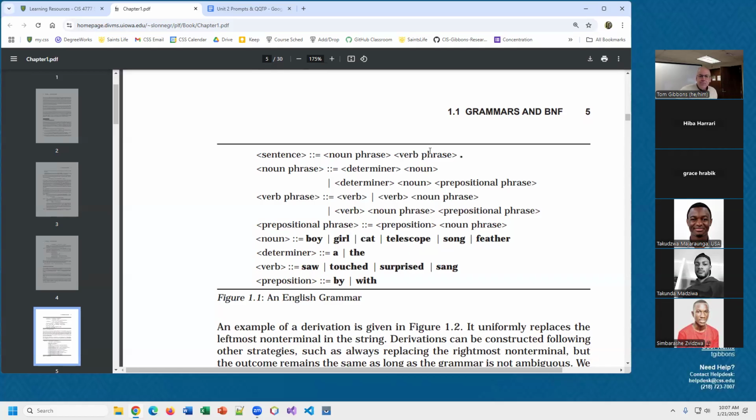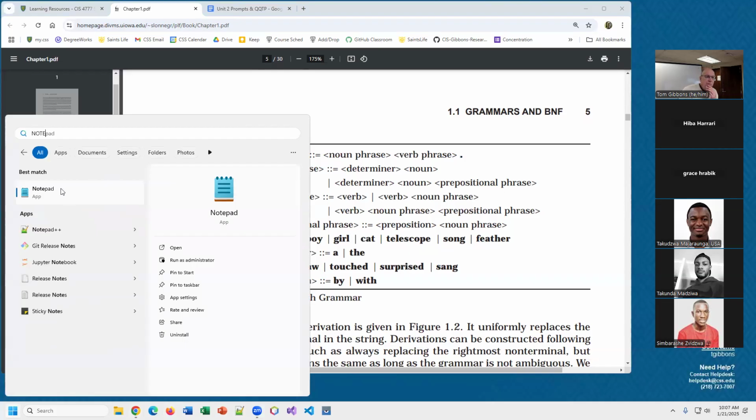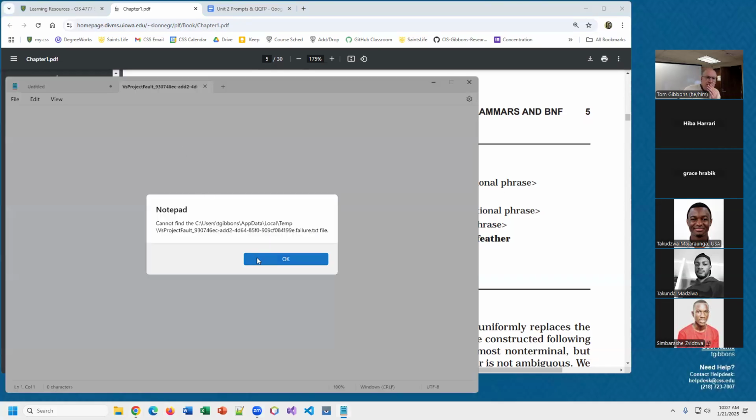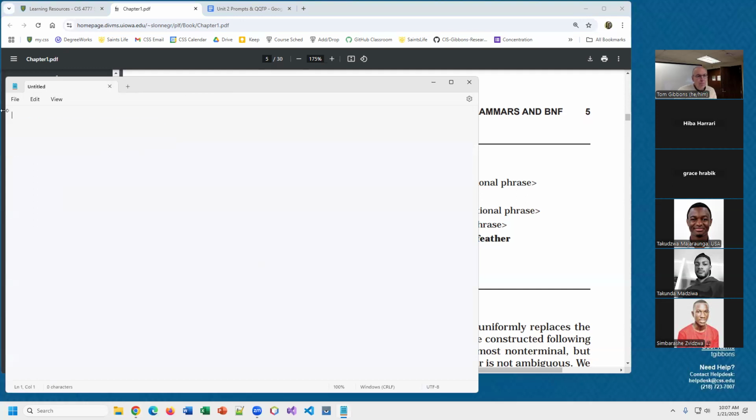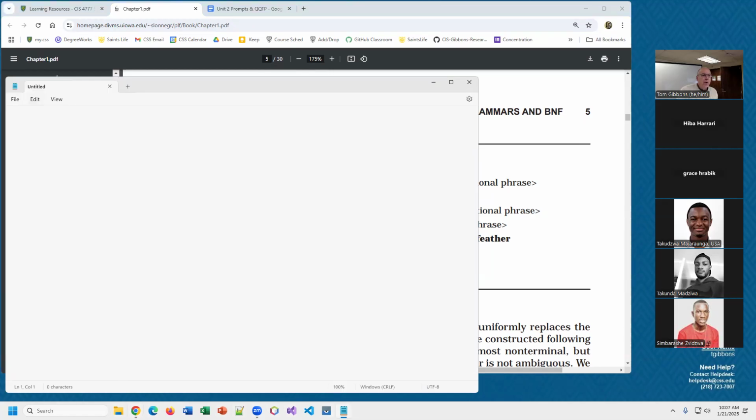And we can actually start this up. Let me just open Notepad for examples here. So the idea is that if you started with a sentence as your starting point, what could you replace that with?